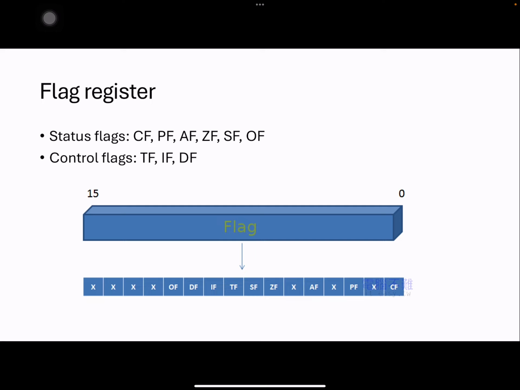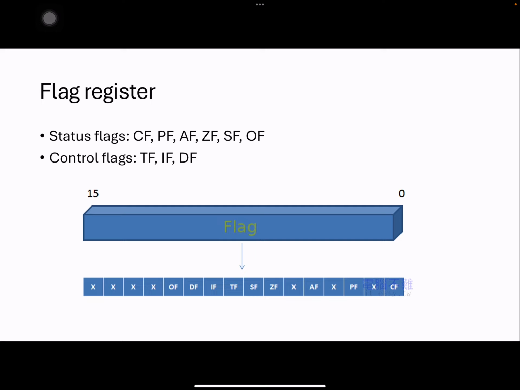I will introduce what each flag does. The first one is CF, the carry flag. When we do arithmetic, if the most significant bit produces a carry, we set CF to 1. If not, we set CF to 0.